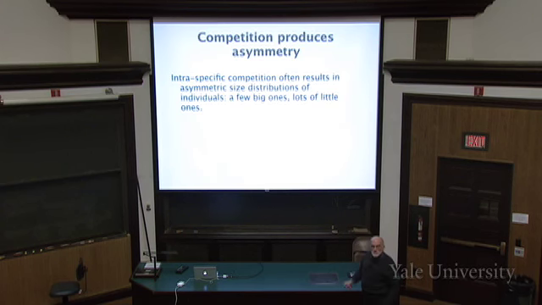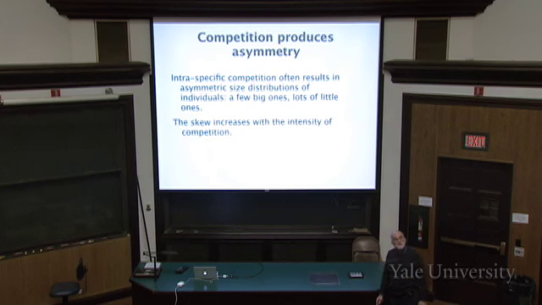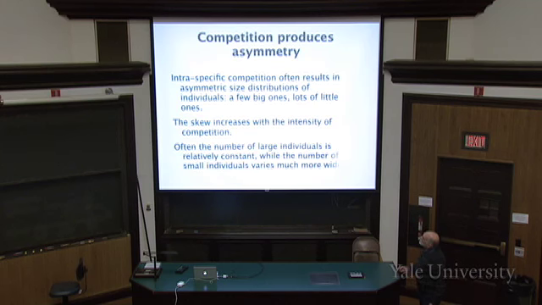And this asymmetry, where you have a really skewed size distribution, it just basically means that a few individuals are going to be doing most of the surviving and reproducing, and a lot of individuals are going to be doing most of the dying and not reproducing. In many cases, the number of large individuals is relatively constant, while the number of small individuals varies much more widely.